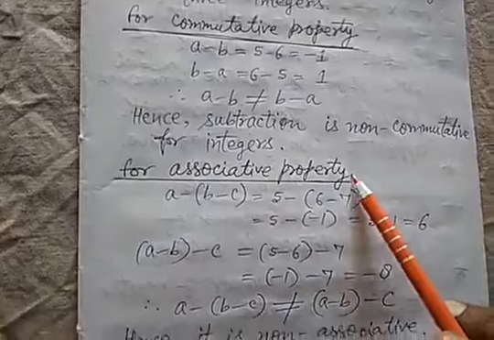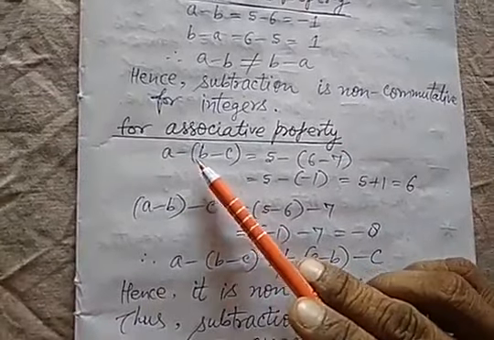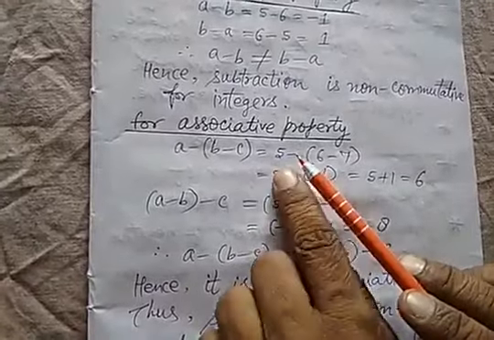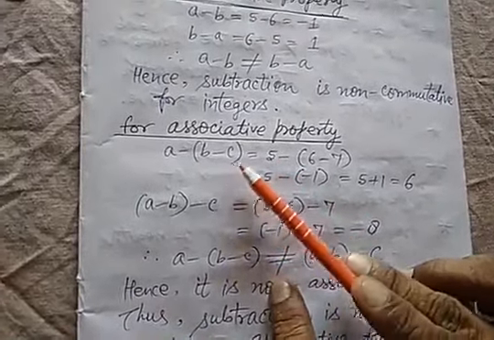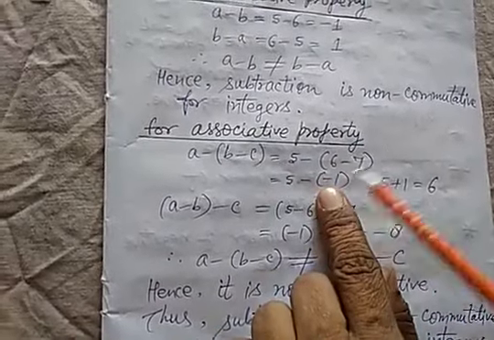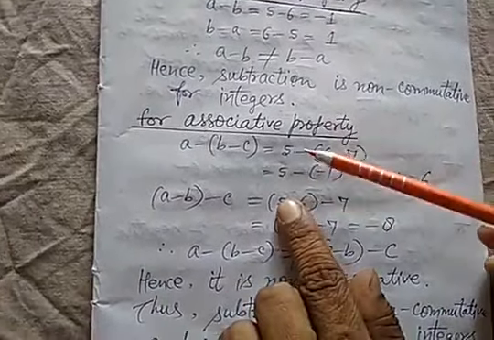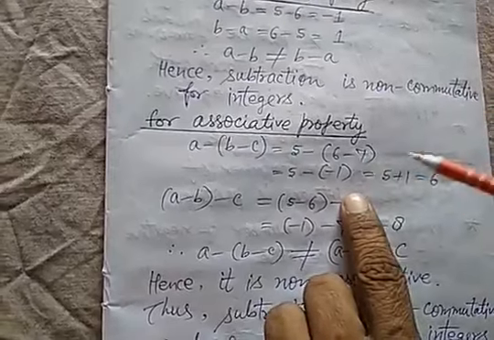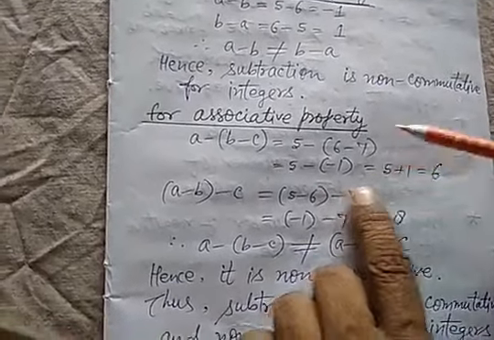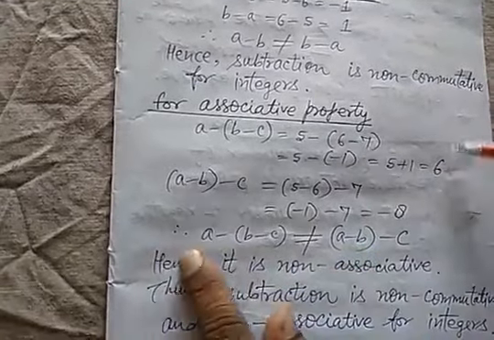For associative property, a minus (b minus c) is equal to, we have to put the values of a, b and c here. 5 minus (6 minus 7) is equal to 5 minus minus 1. As you know, minus into minus gives plus, so it is 5 plus 1 is equal to 6.